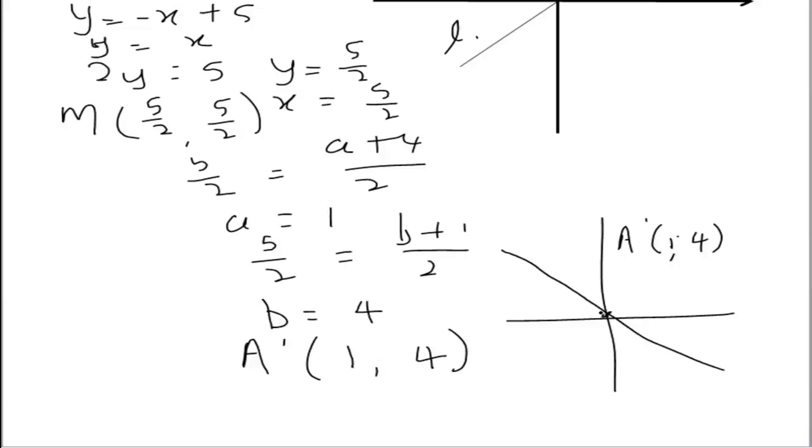That's what they wanted you to do next. Using the same principles, you can reflect it. Don't worry about which quadrant it is showing. That will be A prime, this will become A double prime, and using the same principles you can work that out and see what it gives you.